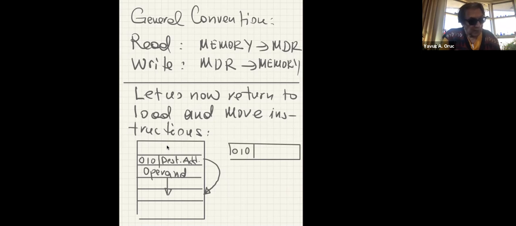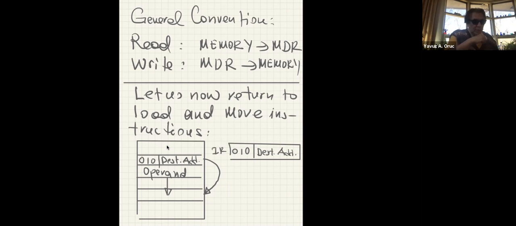And then we have an address over here, and an operand down here, right next to it. Okay, this is IR. And we know that the operand is right next to it.